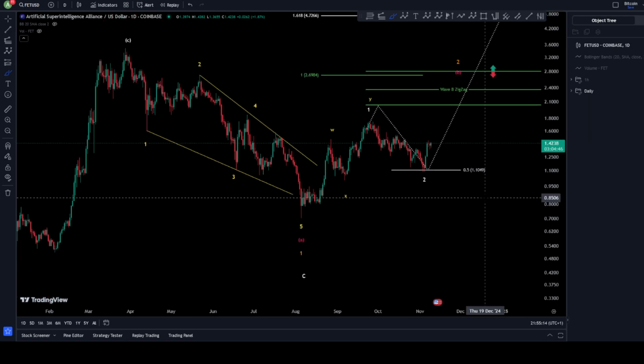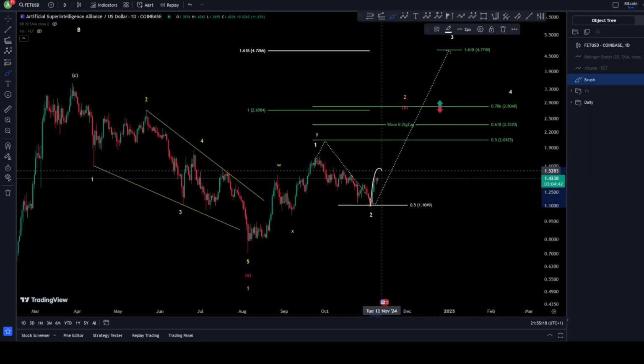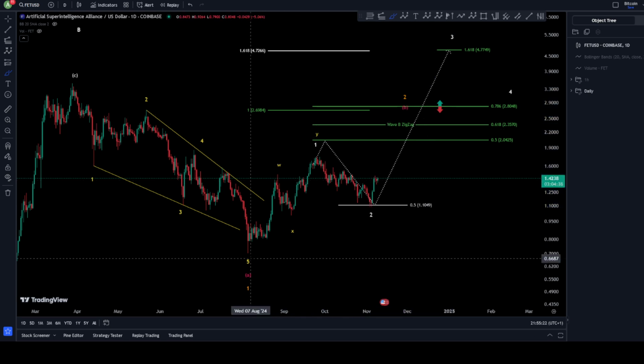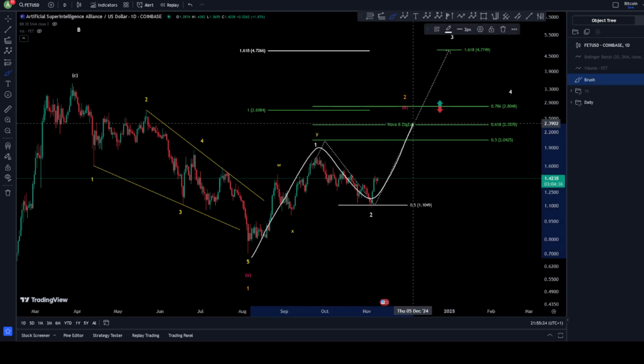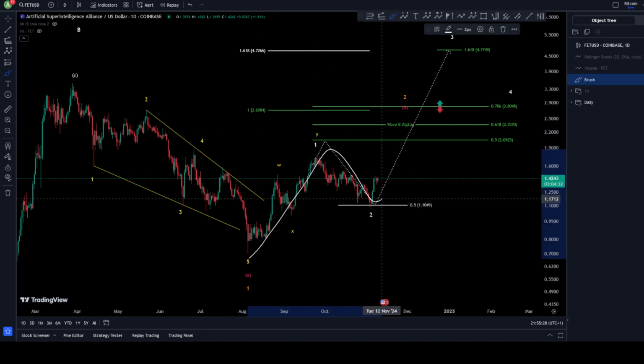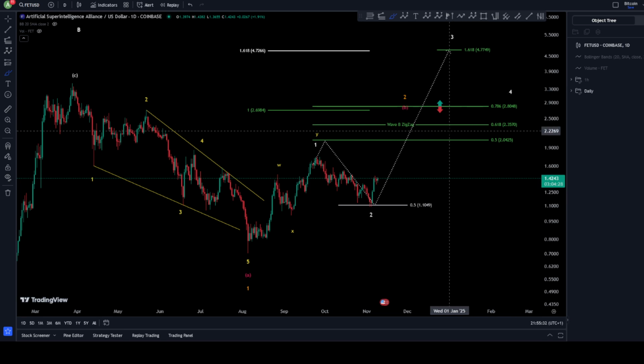Now, if you want to continue towards the upside, you would like to see the formation of another 1, 2, 3, 4, and a 5, in case you are finishing this as a zigzag in a bearish scenario, or as 1, 2, 3, 4, and a 5 in a bullish scenario.